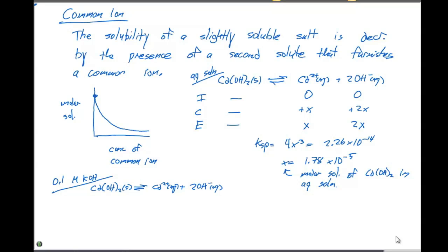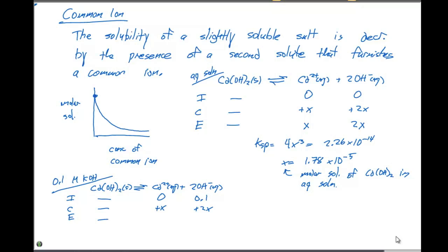We can set up an ICE table. The cadmium hydroxide is a solid, so it will not show up in that table. Our initial concentration of cadmium 2 plus is 0, but the initial concentration of the OH minus is not 0. It's 0.1 because we have a solution that is not aqueous anymore. It has potassium hydroxide in it. So this is going to dramatically affect our equilibrium concentration of the hydroxide ion. The change in concentration is still going to be plus x and plus 2x.